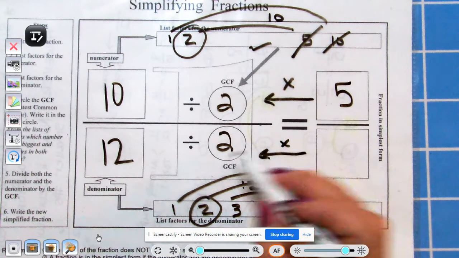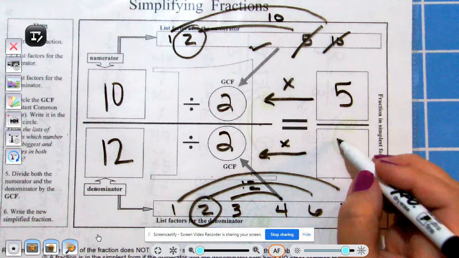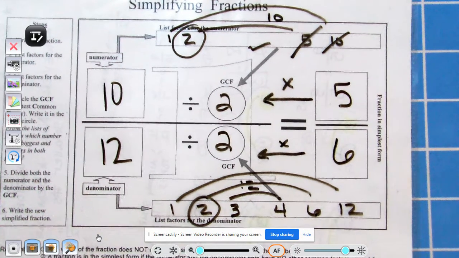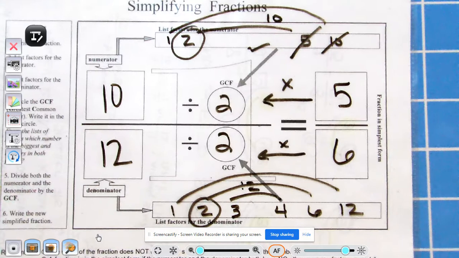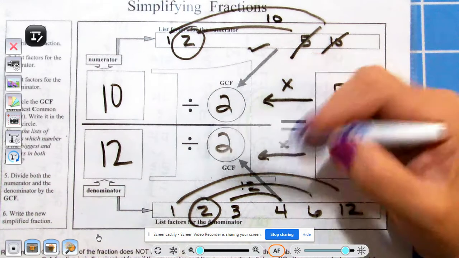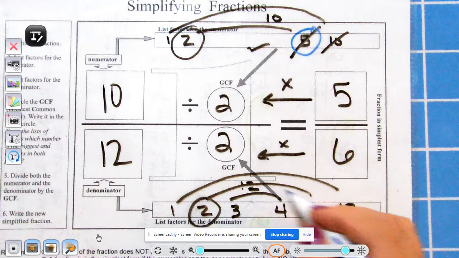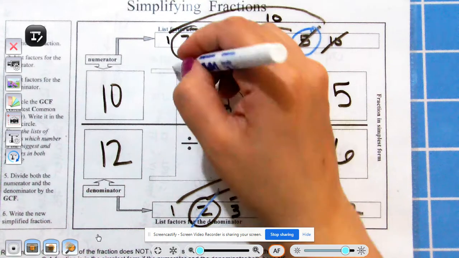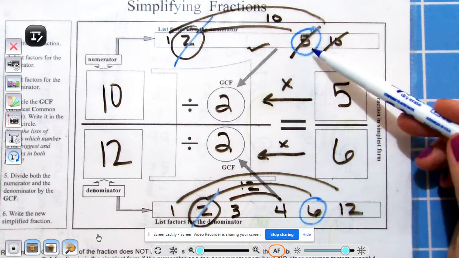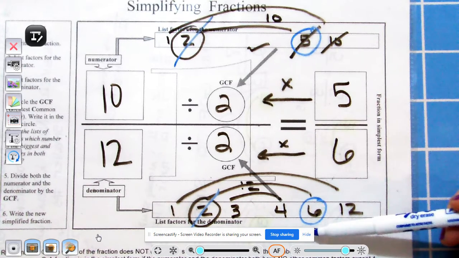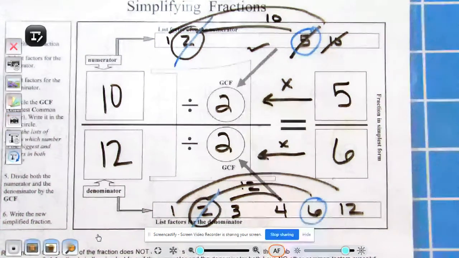Something times 2 equals 12. That would be 6. Or you can use your rainbows, your GCF. They will cancel each other out. You have to find the factor that is attached to them. 2 times 6. Cancel out your GCF, and you have 5/6. So 10/12 simplified would be 5/6.